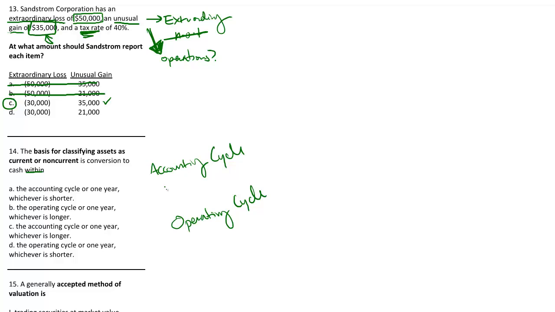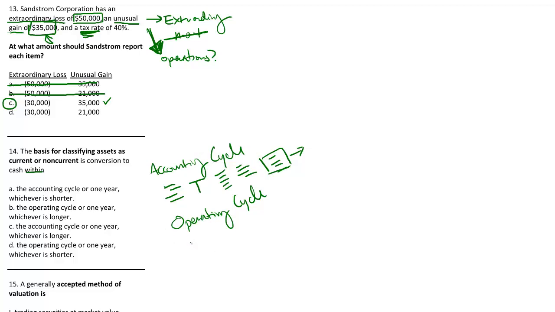Now remember, the accounting cycle is going to be the reporting cycle. So we talk about journal entries to the general ledger, to trial balances, to adjusting entries, to financial reports, etc. So the accounting cycle is dealing with the recording. That doesn't really tell us about our business.